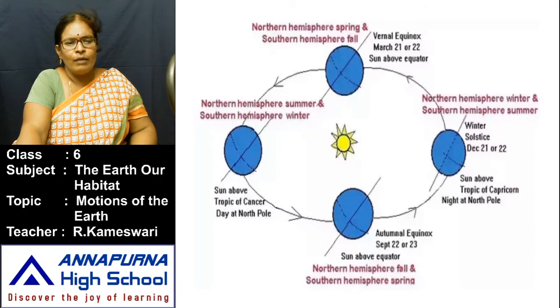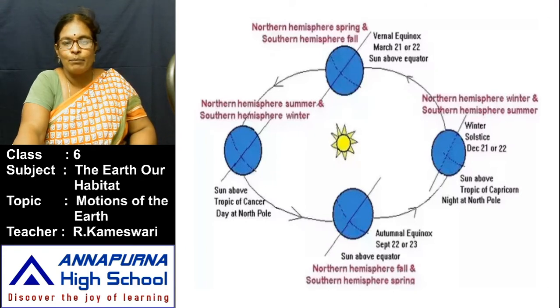On September 23, the sun rays fall vertically on the equator. After that, there is the winter solstice. Winter solstice occurs on December 22nd. On December 22nd, the sun rays fall vertically on the Tropic of Capricorn. At this time, what happens?